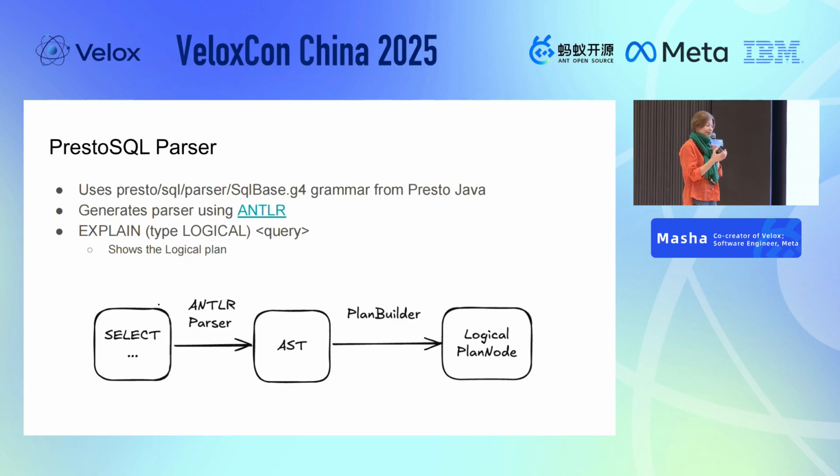I'd like to give you a little bit of detail about how we are putting this together, just to give a sneak peek and pique your interest in the project. We wanted to have support for PrestoSQL in the new front end, so we put together a PrestoSQL parser. We took the grammar file from the original Presto project and generated the parser using ANTLR, and then used the new plan builder, a different one from the one which exists in the Velox code base.